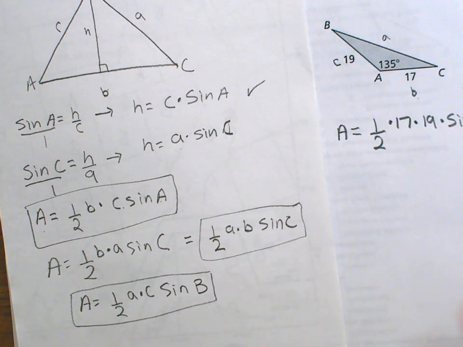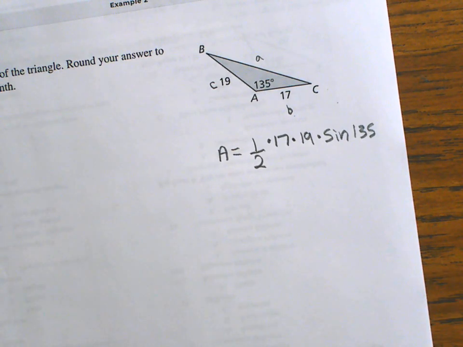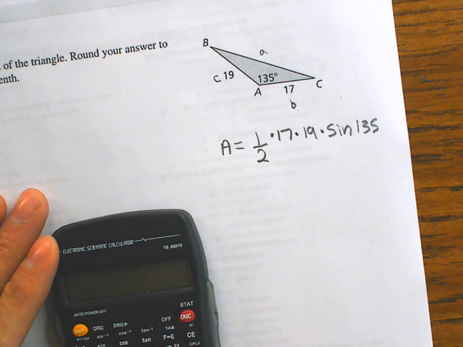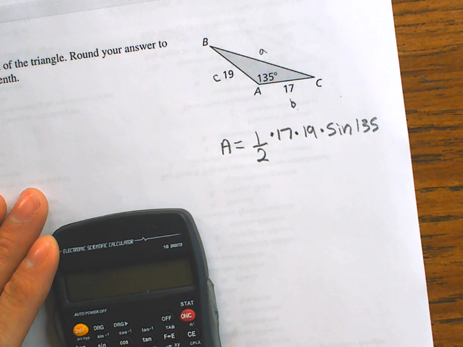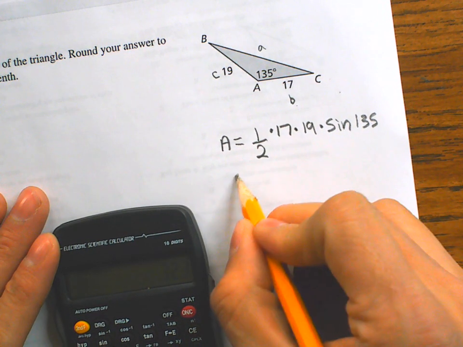After this, it's all about typing it into the calculator. So 17 times 19, that's 323. I'm going to keep simplifying this.